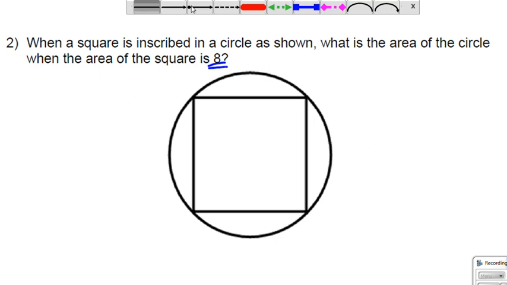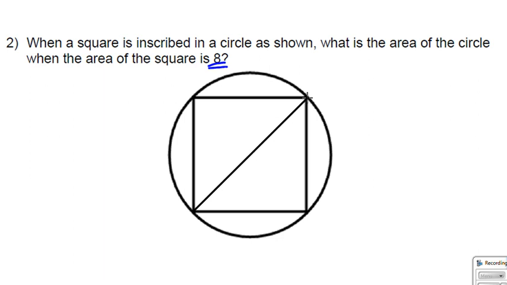For example, we will realize that there it goes. Diagonal of the square is in fact equal to the diameter of the circle. Now, in order for us to find this one, this area is equal to 8, and what we want to find out is the area of the circle.